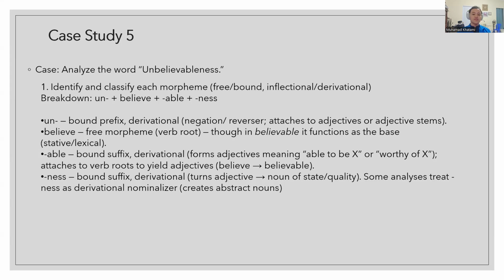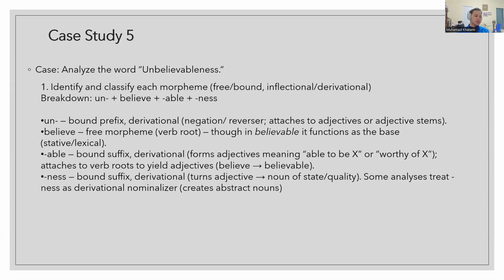Though unbelievable functions as the base, stative lexical if we use believable combined. So with the bound suffix able, it is derivational and forms adjectives meaning able to be something or worthy of something. It attaches to verb roots to yield adjectives, belief to believable.